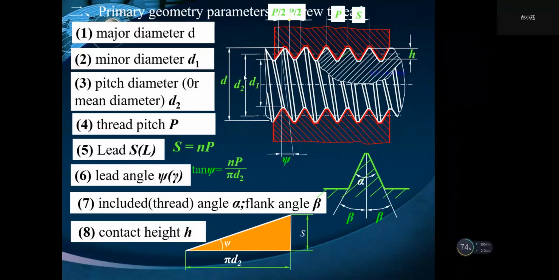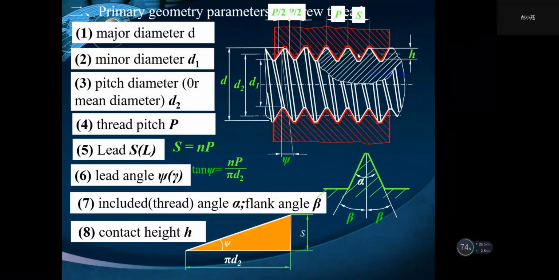And pitch diameter D2. D2 is the diameter where the widths of thread and groove are equal. This is for D2. And thread pitch P, and lead S.